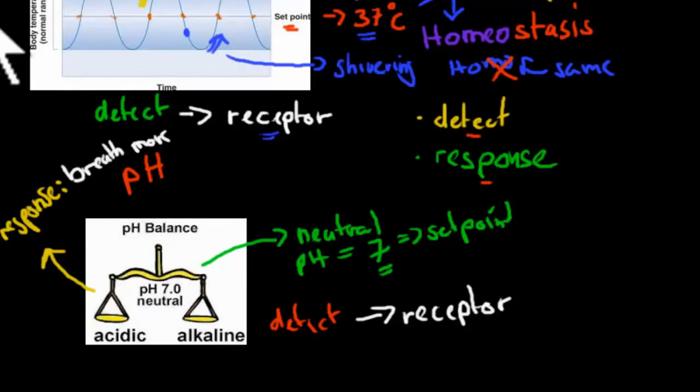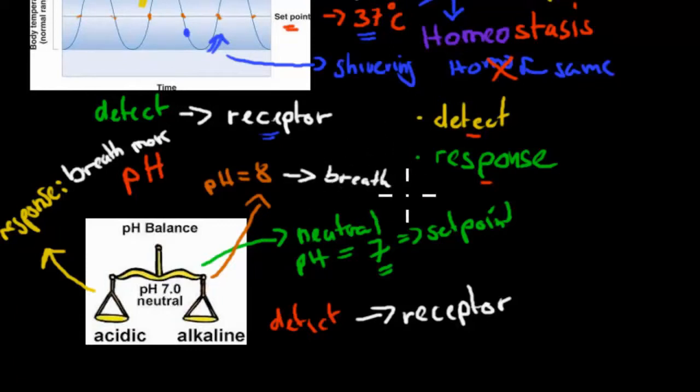And if our pH is too high, let's say 8, the response will actually be to breathe less. That keeps our CO2 inside our body and brings our pH down.